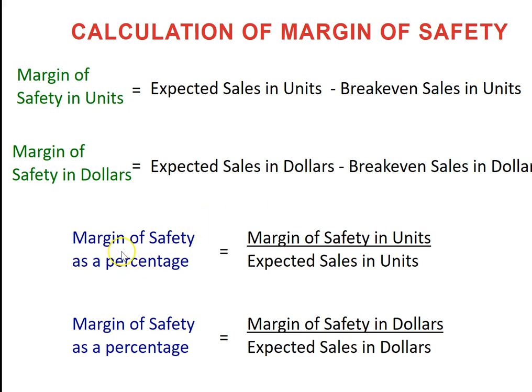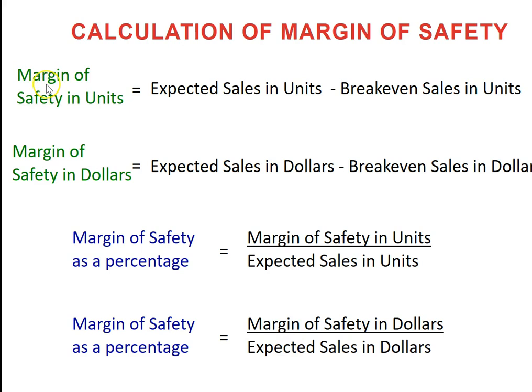You can also express margin of safety as a percentage. Either you could use the unit information or the dollar value information. When you take units, you take units as both numerator and denominator. When you take dollar value, you take dollars as both numerator and denominator.